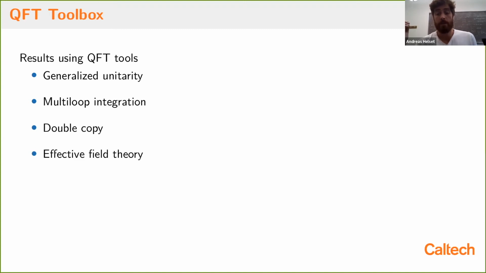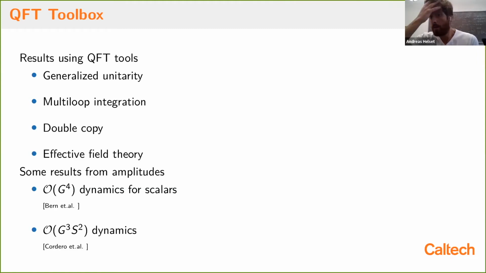And there have been many results and works now applying these amplitudes methods to the binary inspiral problem. I won't list many of them, just mention a few. Great work by Zvi Bern and collaborators has pushed the state of the art to very high loop order, now to order G to the 4 for non-rotating black holes, which are modeled as scalars in these calculations.